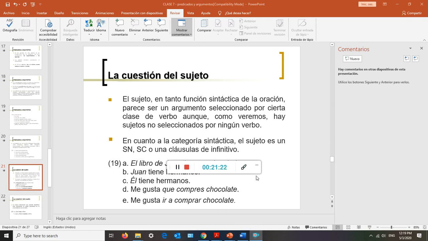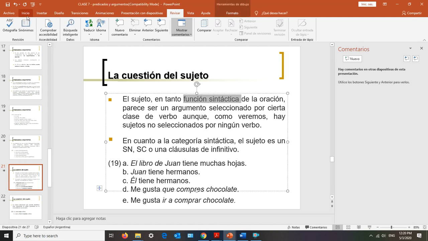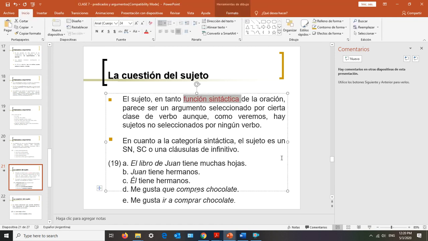Now, continuing, of importance is what you have in Tulio's chapter, the section in which he tackles information on the subject. So, subject as a syntactic function: this constituent that performs this function appears to be an argument selected for by a specific type of verb, although there are certain subjects that are not selected for by any verb.